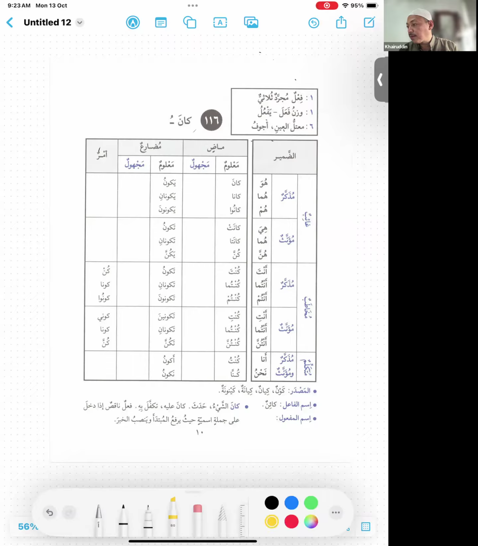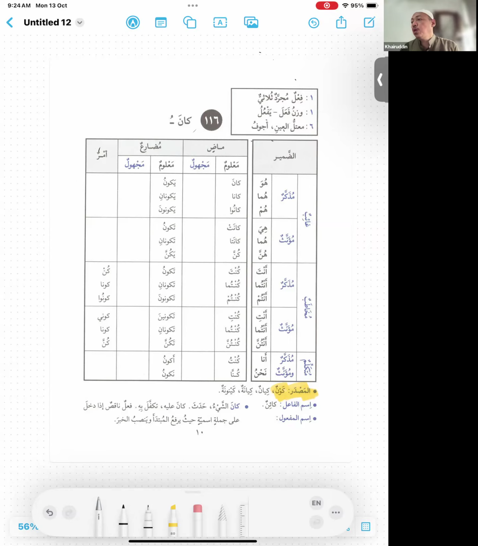The masdar is kaunun or kaunan. So because it is kaun, we can tell that the asal of it is kawana yakunu.